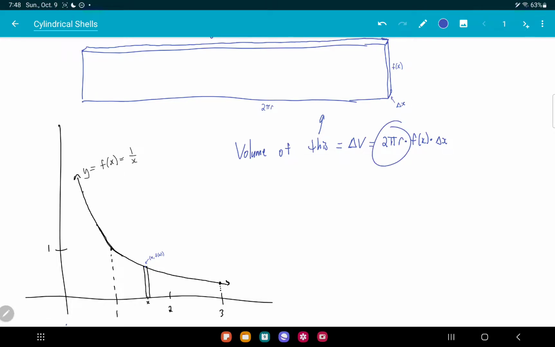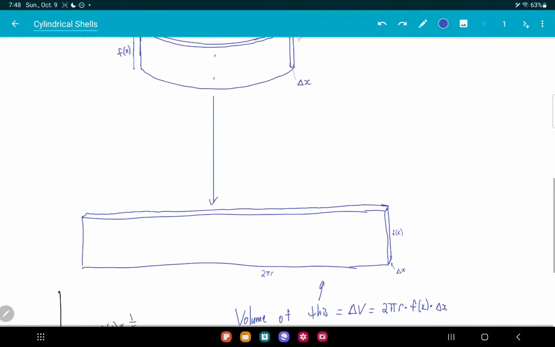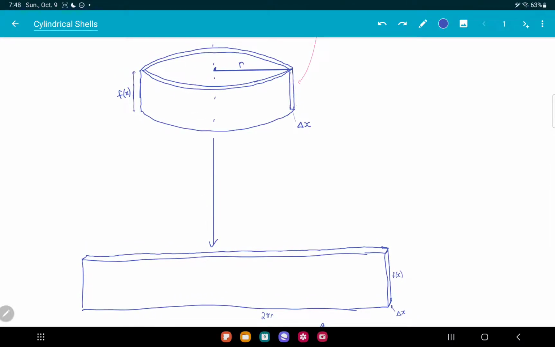Where does the 2 pi r come from? Well, let's scroll back up and have a look-see. What is this 2 pi r? Well, if I go back to the cylindrical shell, it is the circumference of this circle up here. And what is the circumference of a circle? Circumference is, well, 2 pi r, where r is the radius of the circle.